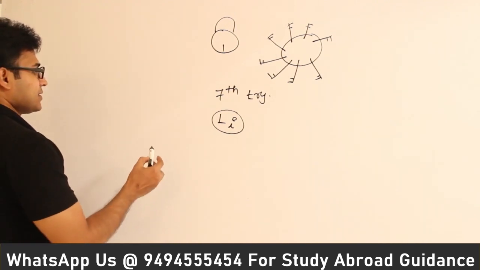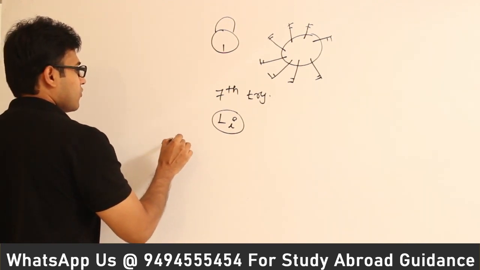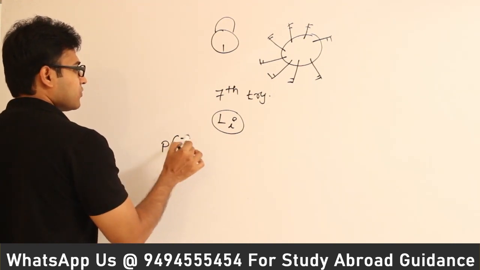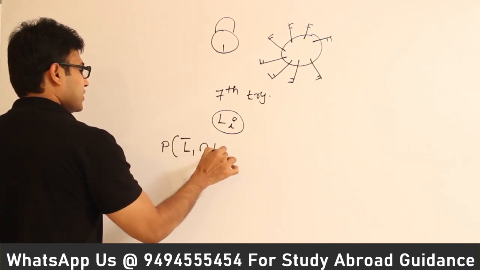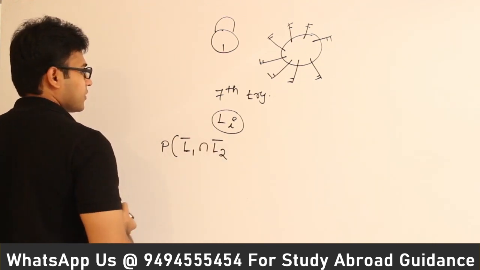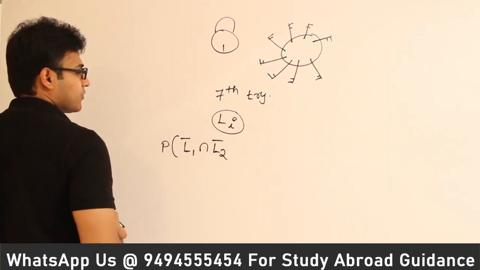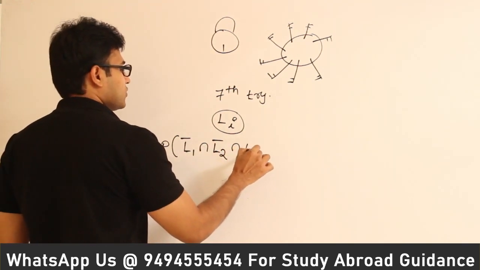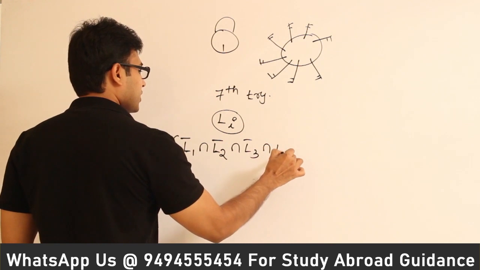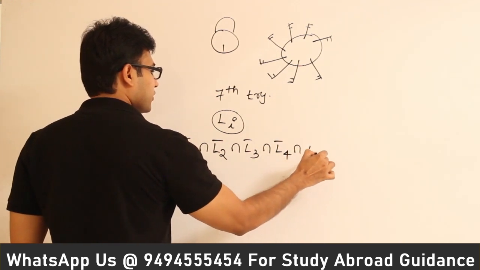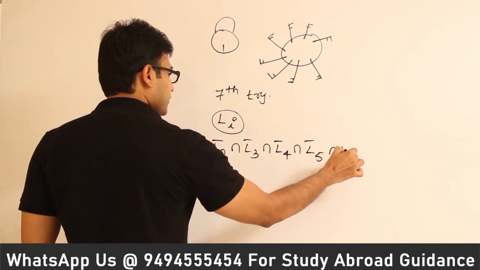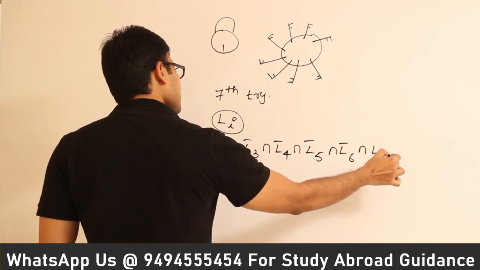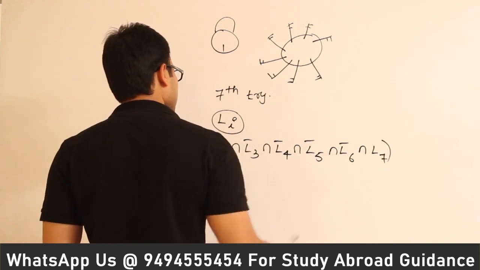You can write it as probability of L1 bar, which means the lock should not open in the first try, intersection L2 bar, which means L2 complement, the lock should not open in the second try, and so on, right? The lock should not open in the third, fourth, fifth, or sixth try, but the lock should get opened in the 7th try, isn't it?